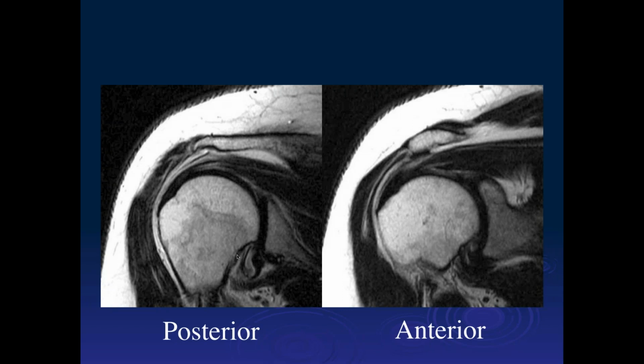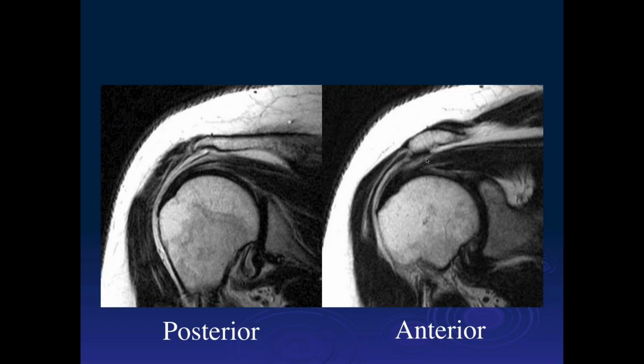Right on. So this is a patient who had symptoms, and they did an acromioplasty. The patient continued to have symptoms, so then they did an MRI. And what we see here, there's an acromioplasty on the posterior aspect of the acromion process. But when we come to the anterior aspect, we still see a lot of eburnation.